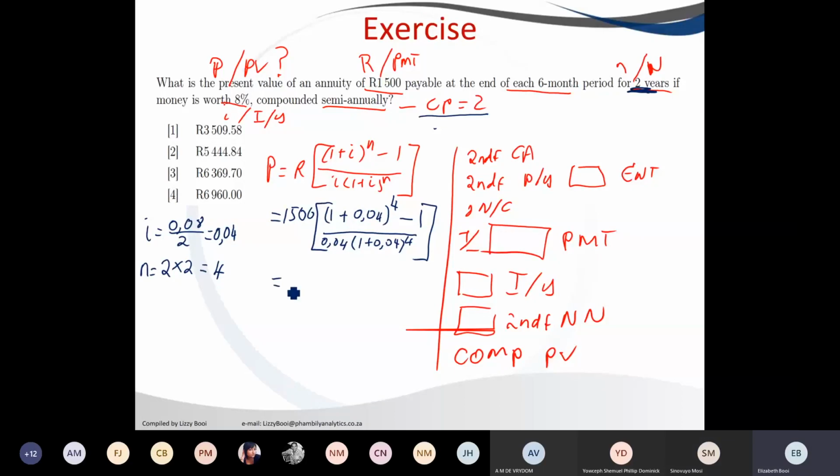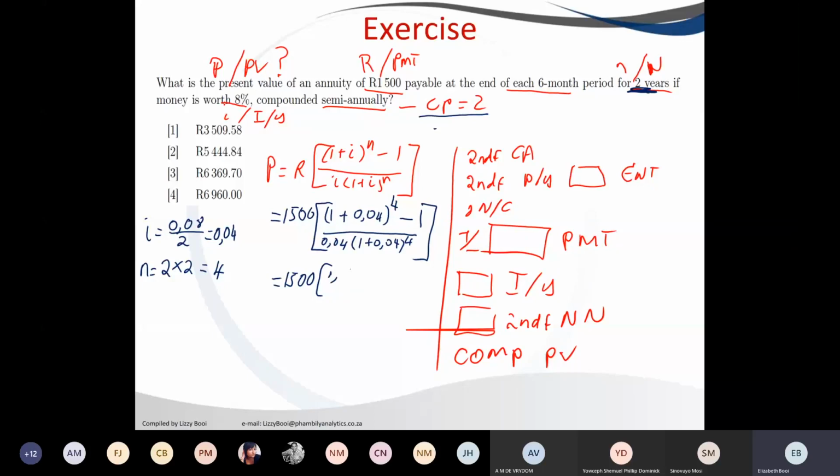Because you need to do it step by step, I will also do it step by step. So it will be 1 plus 0.04, which equals 1.04.